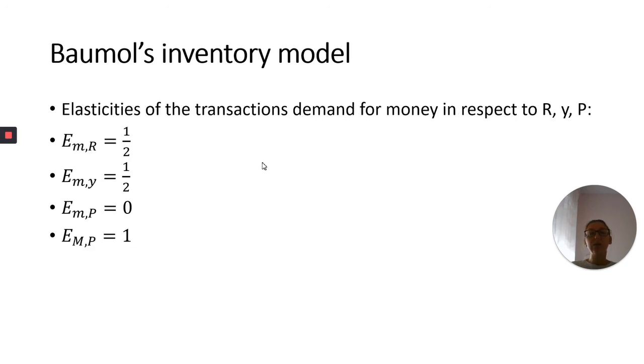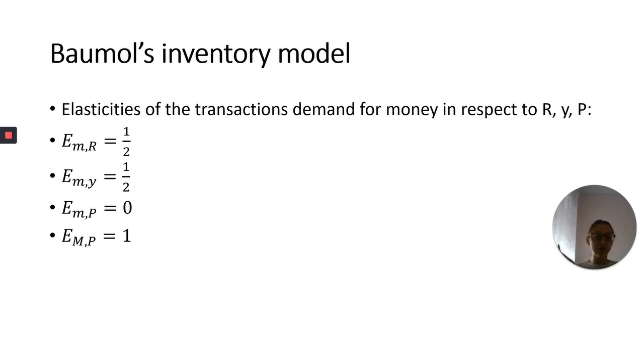So when I talked about effects or sensitivities, I actually talk about elasticity. Do you remember this term and what does it mean? Elasticity shows the linkage between two variables. And so we can talk about the demand for money and elasticity with respect to interest rate, income, and price.